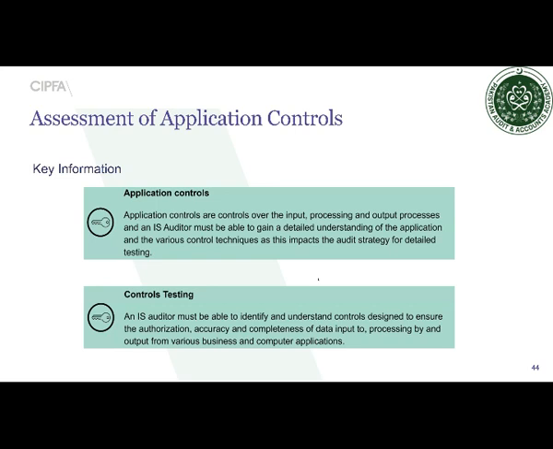So when you're looking at an application control, even though it's input, processing, output, you might be asking: am I looking at authorization? Am I looking at completeness? Am I looking at accuracy? Some of the same items that you would have looked at in a normal detail test might still apply at the application level, because these are business transactions, most likely their core business.